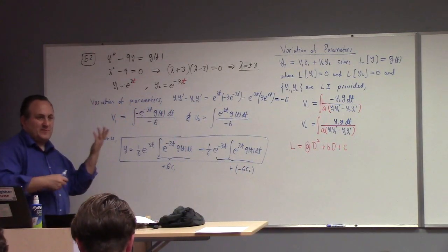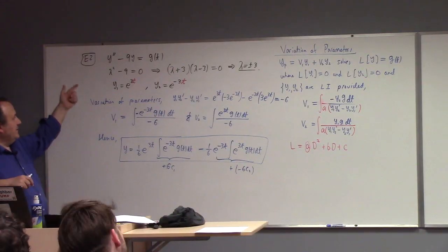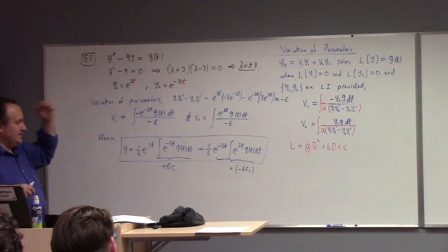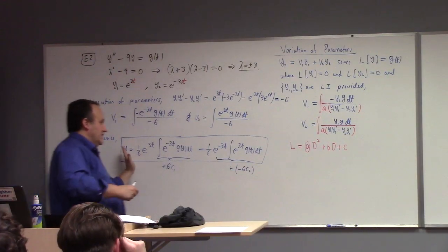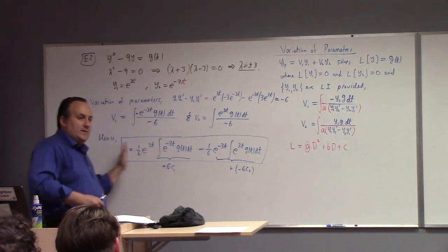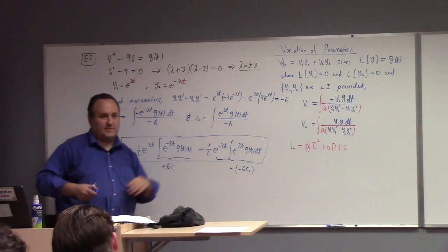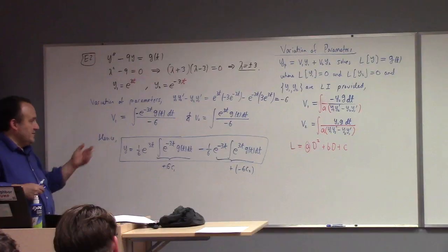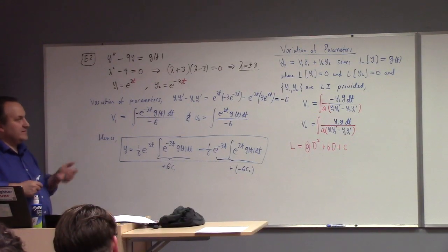What does that produce? It produces a C1 e to the 3t, and a C2 e to the minus 3t. So what I'm trying to tell you is the homogeneous solution's already in here in the sense that we take these integrals to be indefinite. So this is the general solution, which is also an integral solution here.